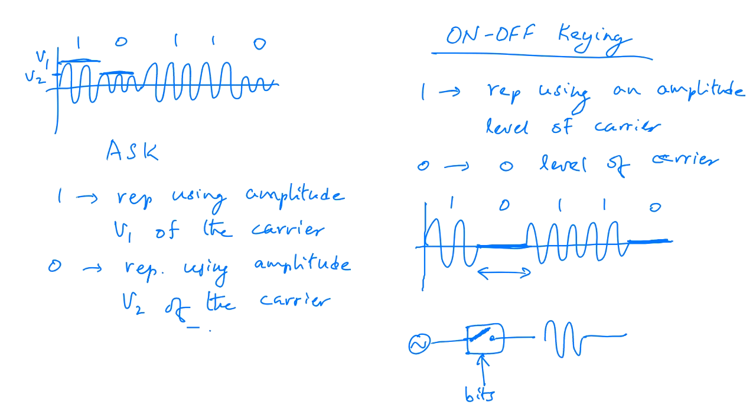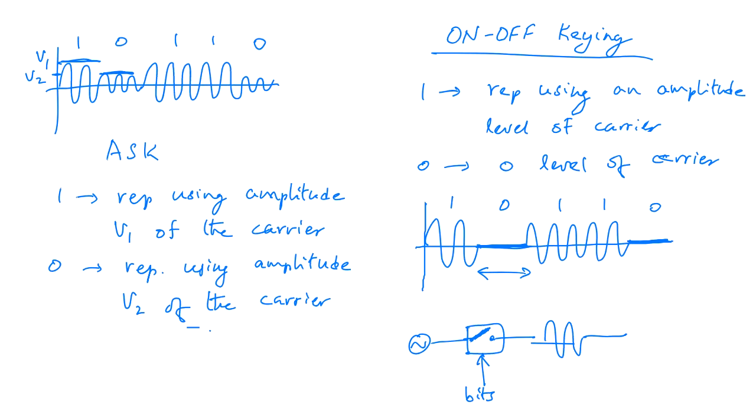So whenever the information bit is a 1, this will be closed. And when the switch is closed, the signal from the oscillator, the carrier signal, will enter the output. But whenever it's a 0, the switch will open for that duration of the interval. That means nothing will come out. So the implementation of on-off keying simply requires a switch.